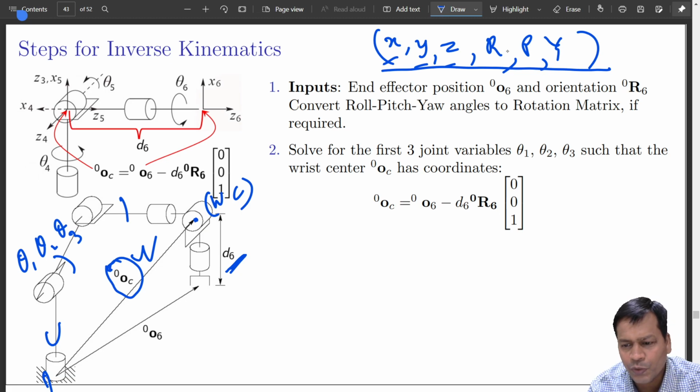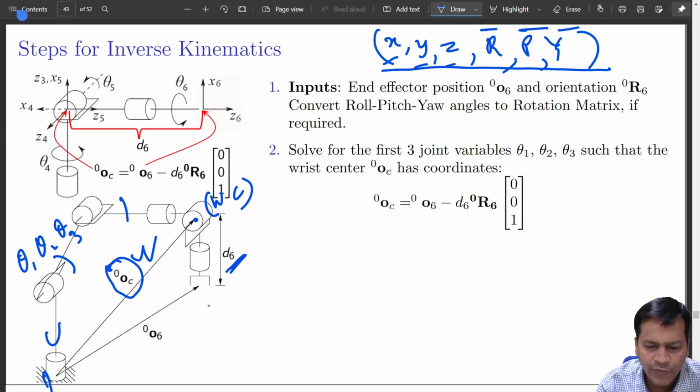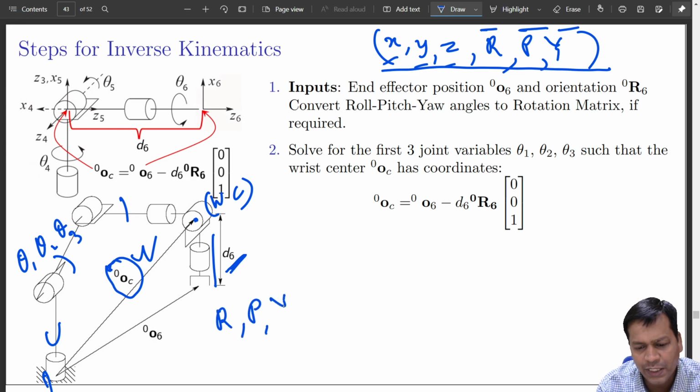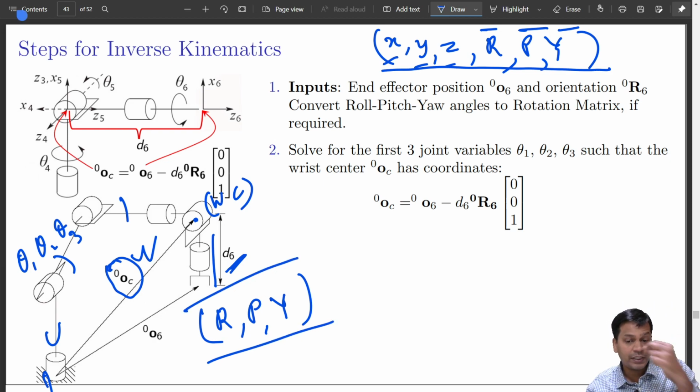Provided you know roll, pitch and yaw, can you calculate the orientation of this? If I tell you this link is rolled by this many degrees, pitched by this many degrees and yawed by this much angle, then using the Euler angle solution that we have done earlier, we can quickly find it. There are three rotations: one with respect to the x-axis, y-axis and z-axis.